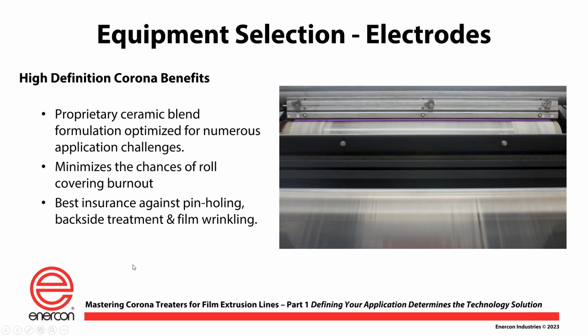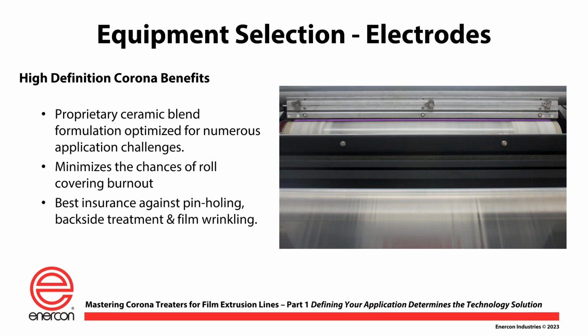This is really important if, let's say, your cast film line is doing embossed film that is used in personal care or hygiene products. Because as you know, those products are very thin. The embossing makes it even a bit thinner. And of course, if you have a fixed width metal electrode in that case, you could run a risk of pinholing or damaging that film as a result of arcs or sparks.